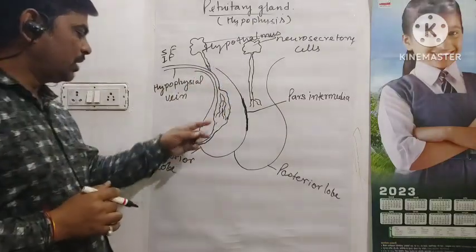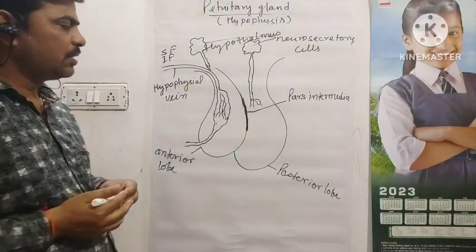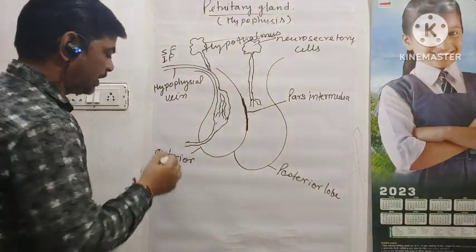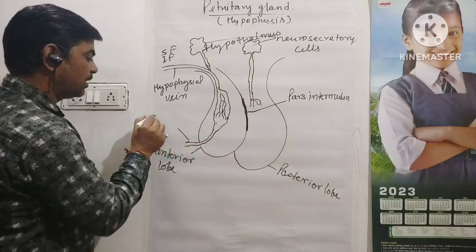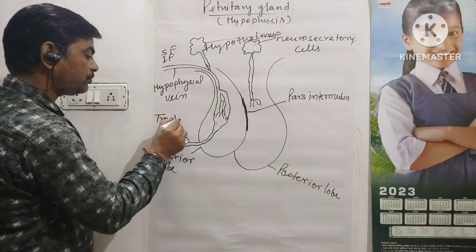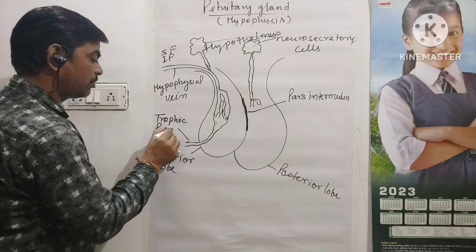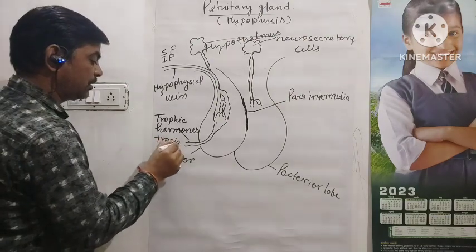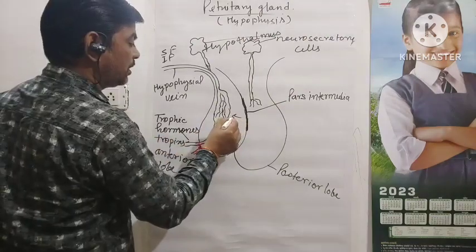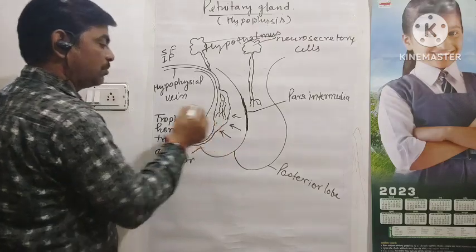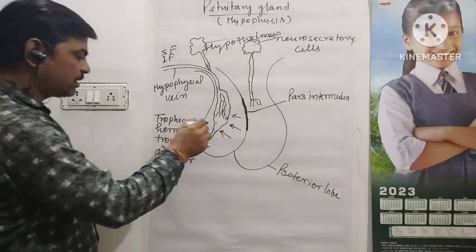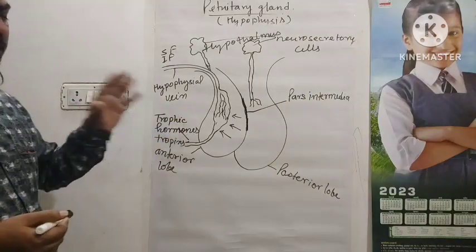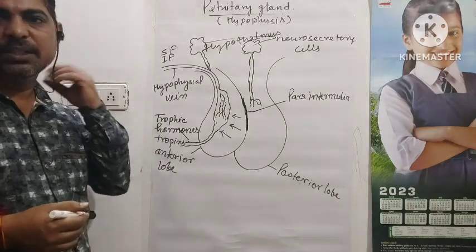Through the blood they reach the anterior lobe of the pituitary gland, which is stimulated to secrete tropic hormones, or tropins. These go through the blood to their target sites. So these are the tropic hormones secreted by the pituitary gland.